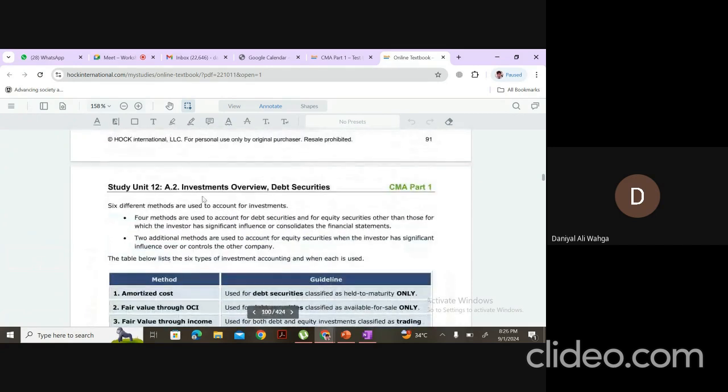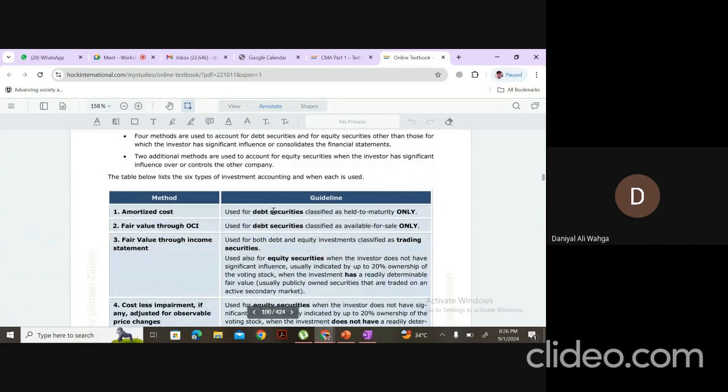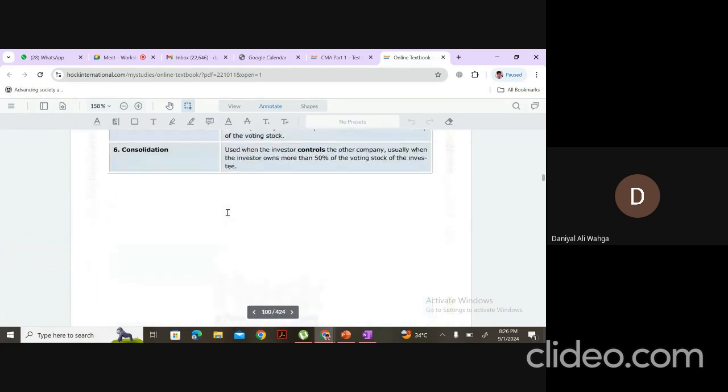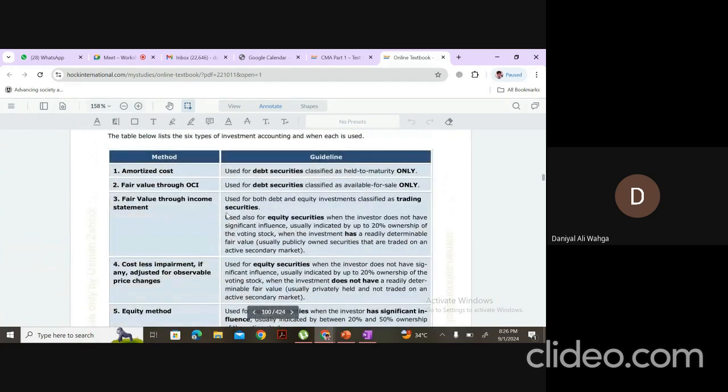Now, what we are discussing here is investments overview, and this will be considered as our debt securities. There are basically three types of debt securities. Either they are held to maturity, where the intention of the company is to hold them till maturity.